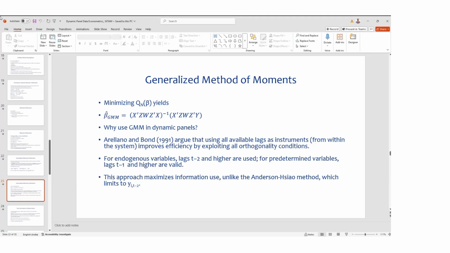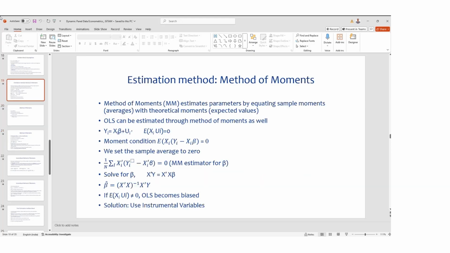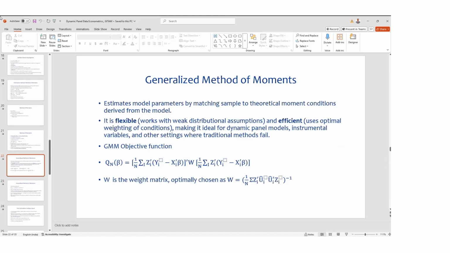Remember what the beta coefficient was in Euler's model? In Euler's model, we were getting the beta coefficient like this: beta hat is equal to x prime x inverse into x prime y. Now here, we have included the instrumental variables as well, along with the weight matrix, which is derived from this particular moment.